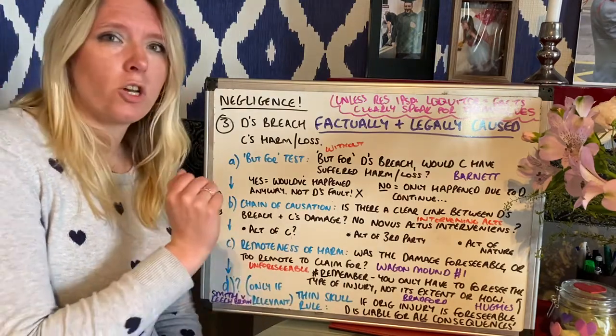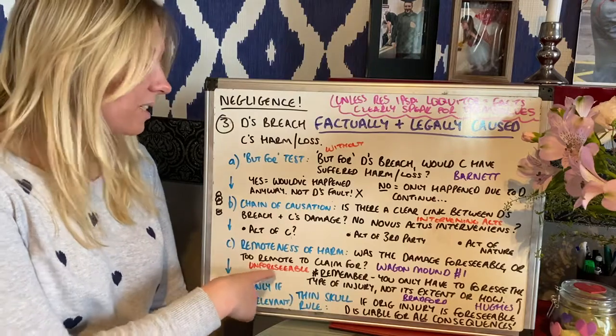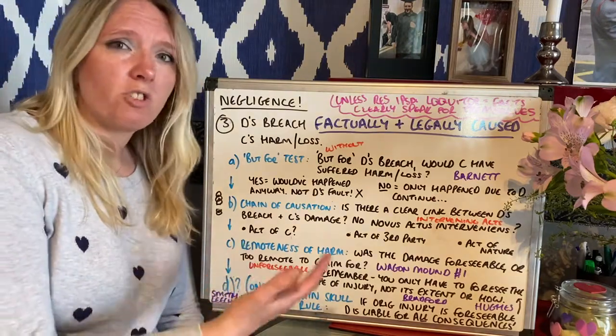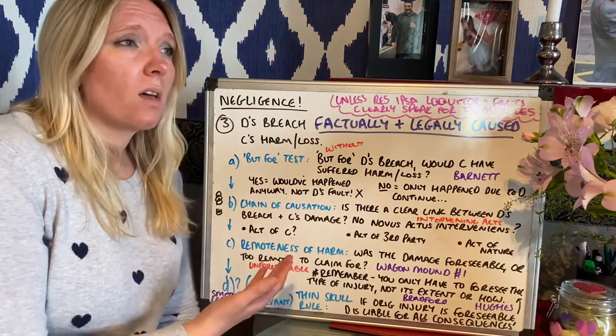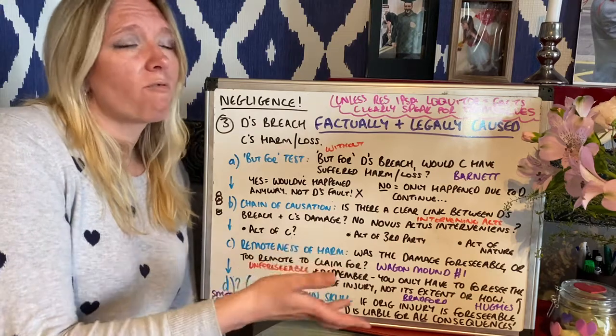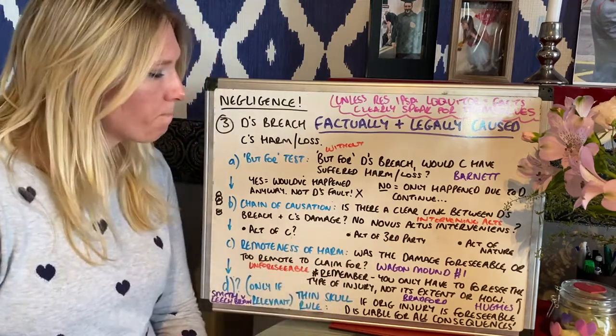Or was it too remote to claim for? Now, remote is just a fancy word for unforeseeable, and that's the question you're asking. Was the injury foreseeable or not? If it wasn't foreseeable, harsh as it sounds, we can't really expect the defendant to try and avoid it. If it was foreseeable, they should have avoided it.